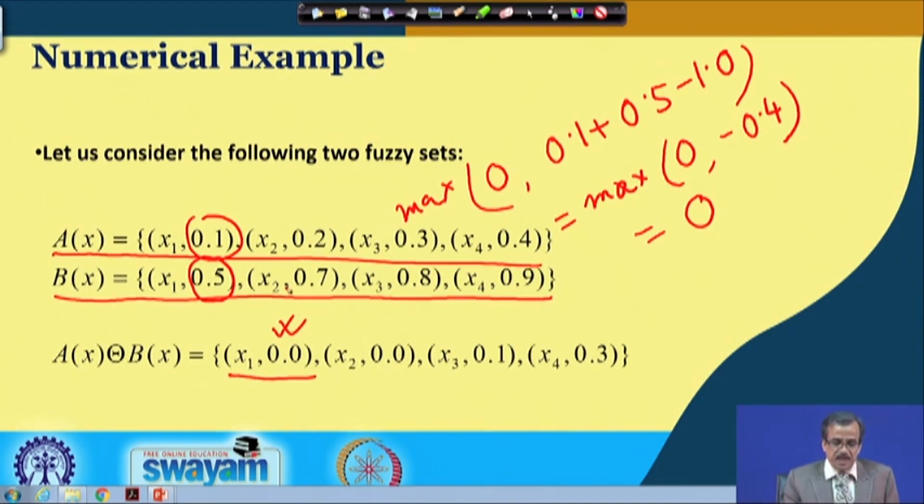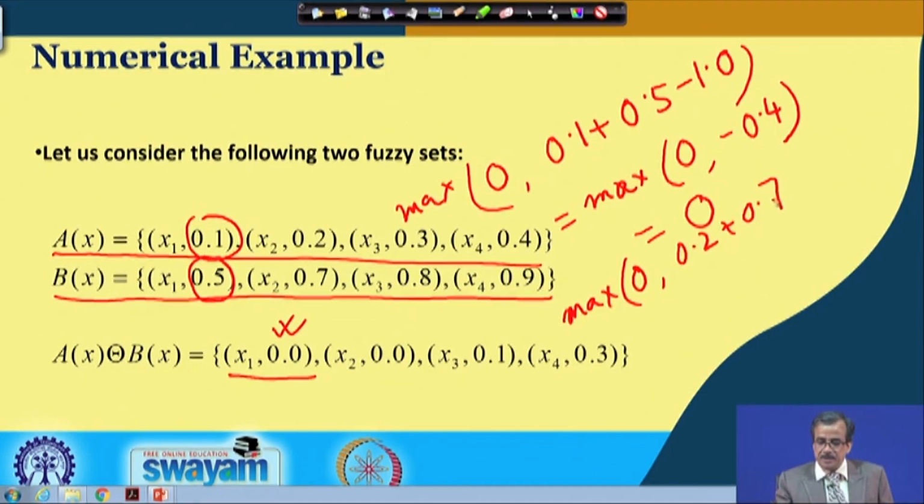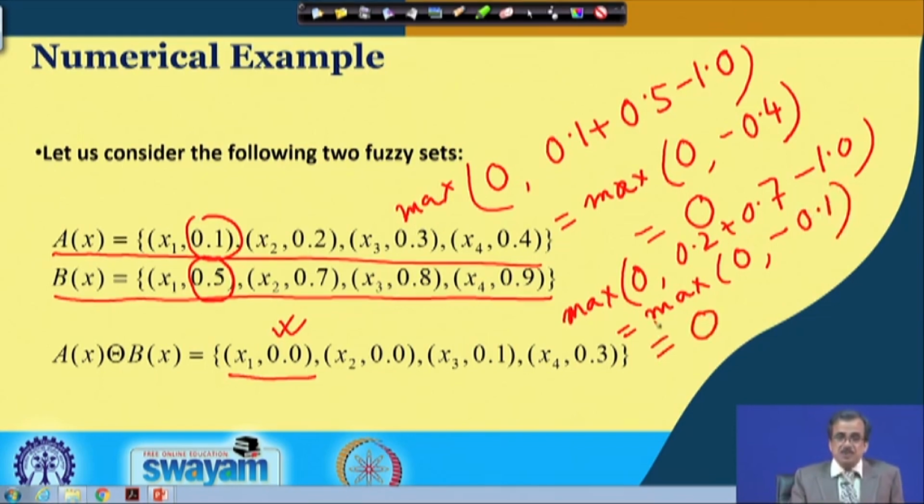Then corresponding to x2, we will find the maximum between 0 and 0.2 plus 0.7 minus 1.0. This is the maximum between 0 and 0.9 minus 1.0, which is minus 0.1, and the maximum value is 0.